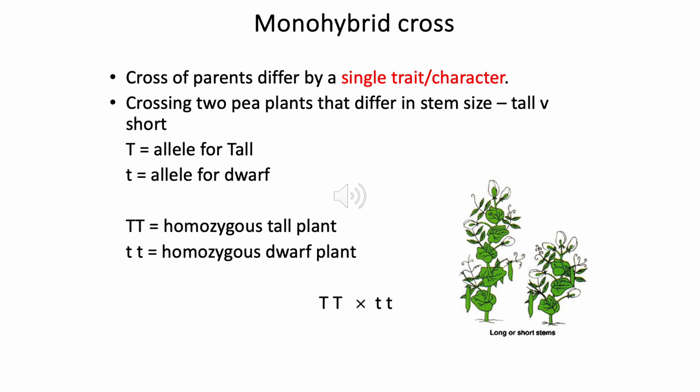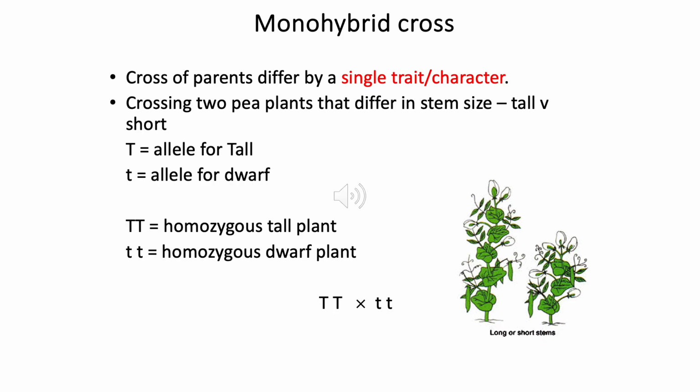So now we want to further understand the monohybrid cross. A cross of parents that differ by a single trait only. That's why it is monohybrid. So crossing two pea plants that differ in stem size. For this example, we use stem size. It is either tall or short, or dwarf.